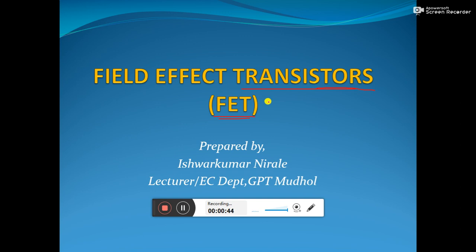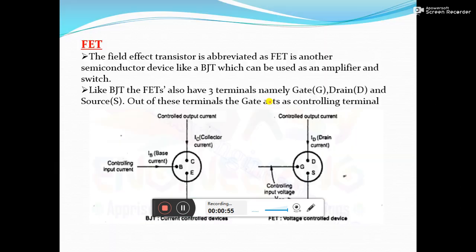Like the BJT, it is also a three-terminal device. However, the principle of operation of FET is completely different from that of BJT. So let's begin. The field effect transistor, abbreviated as FET, is another semiconductor device like BJT, which can be used as an amplifier as well as a switch.